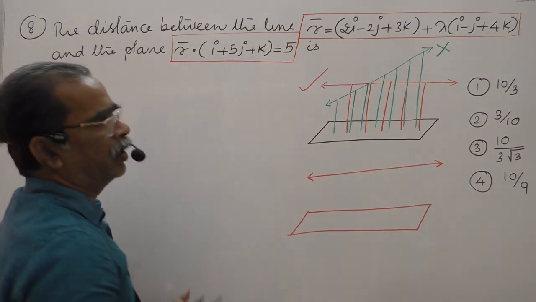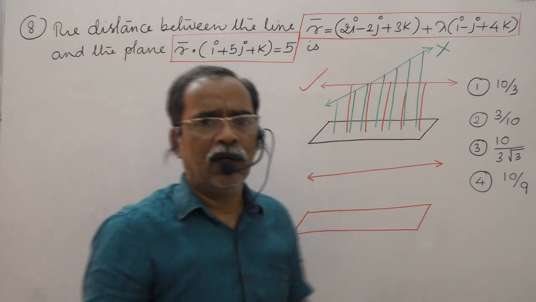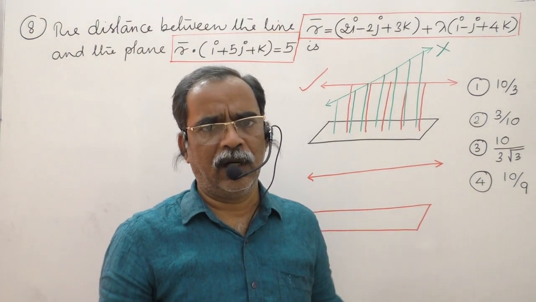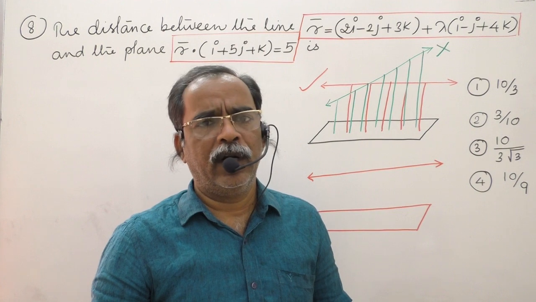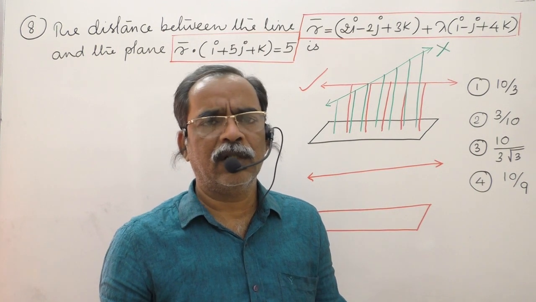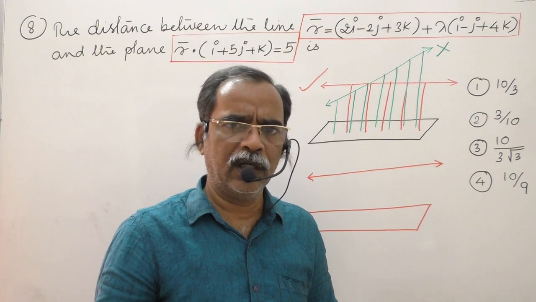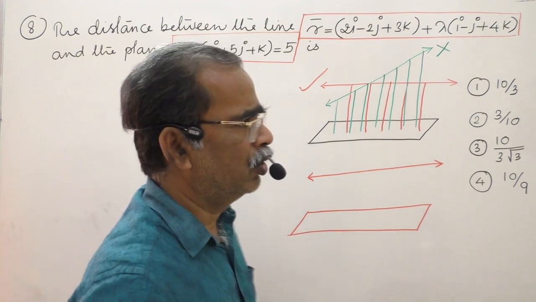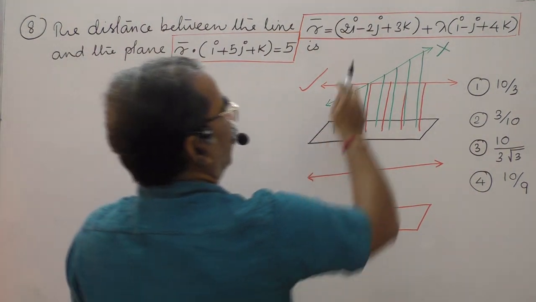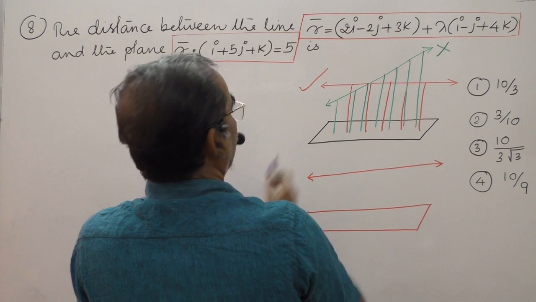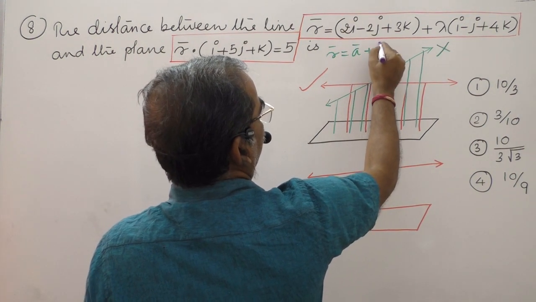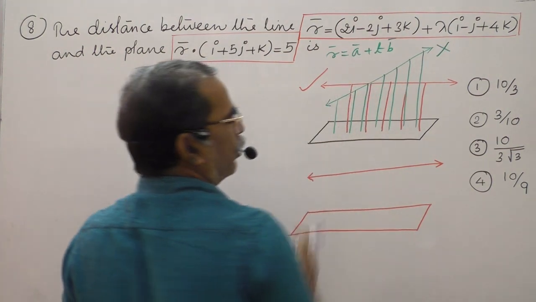So we are finding distance in this problem. Distance, area, volume, etc. are independent of systems. If you take the vector system, distance remains the same. In Cartesian system, same distance. You can use any system. See, this is the line. So what is the line here? The line is of the form vector equation r bar is equal to a bar plus t into b bar.